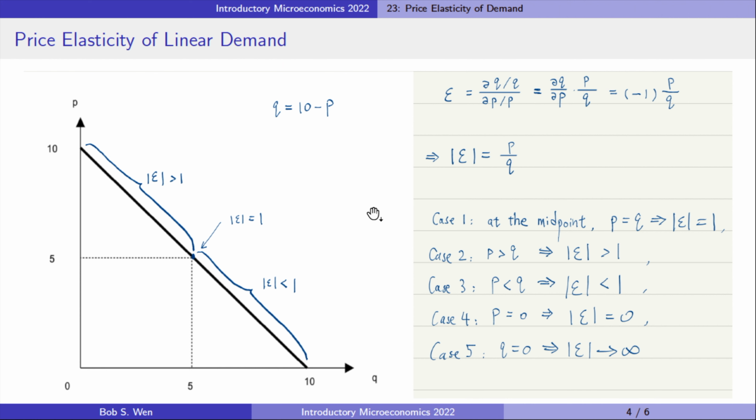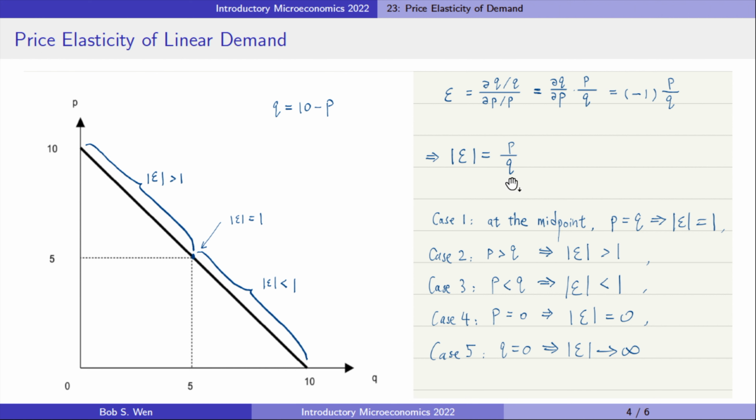We can use the elasticity formula to verify it. We write the elasticity in 2 parts. The first part is the slope of the curve, which is a constant for a linear demand. In this example, it is -1.